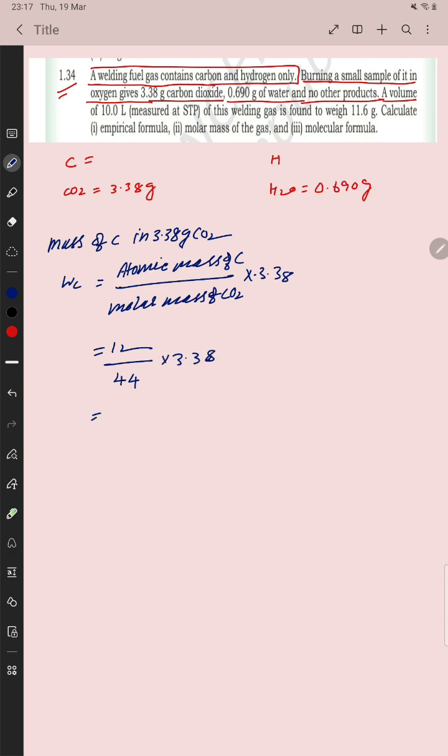If you solve it out, students, it is coming 0.921 gram.